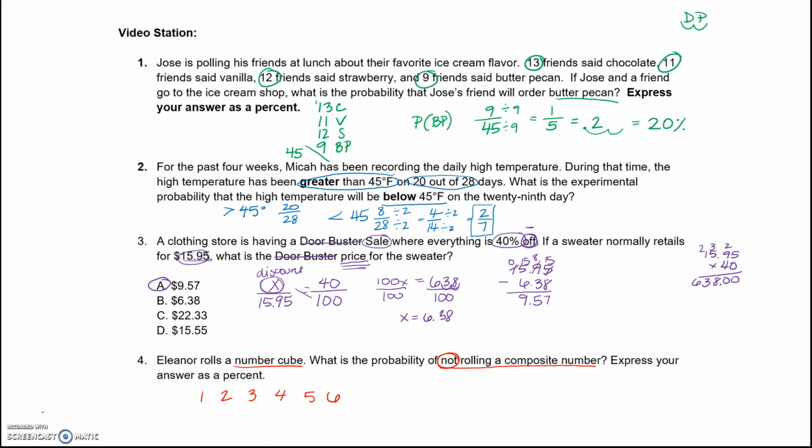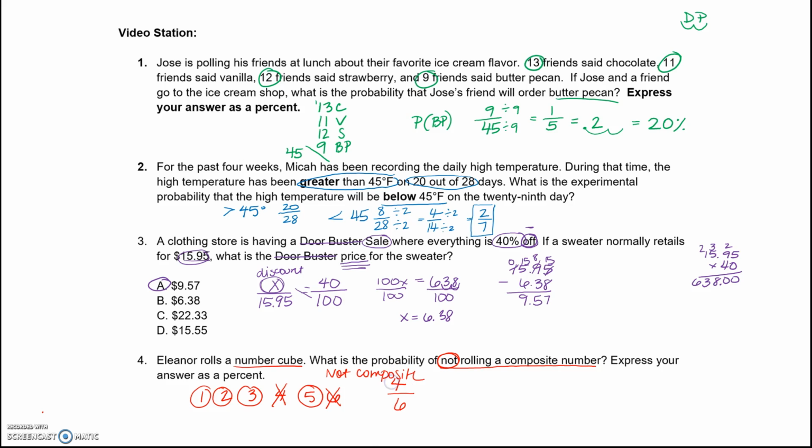So composite number is where there's essentially multiple options to multiply by, right? 1 is not, 2 is not, 3 is not. Okay, so 4 is a composite number and 6 is a composite number. So I want not a composite number. So that's 1, 2, 3, 4 out of 6 is not composite.